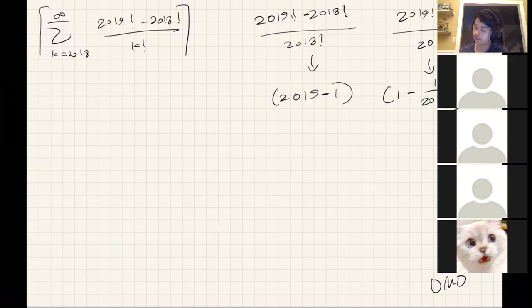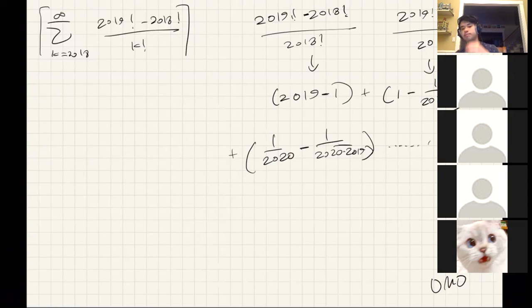And then if k equals 2020, you might be able to see that we're going to have something like 1 over 2020 minus 1 over 2020 times 2019, and so on.